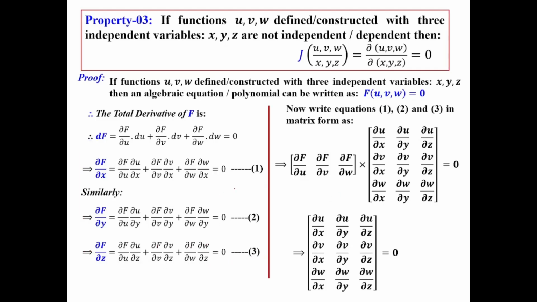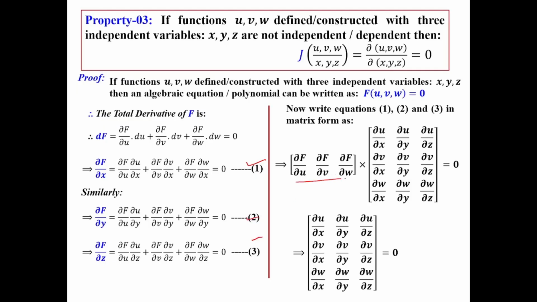Now just write these three equations in matrix format like this. Here this is a row matrix, del f by del u, del f by del v, del f by del w, multiplied with this 3 cross 3 matrix. This is your 3 cross 1 matrix. If I multiply these two matrices, then I can get these three equations. How?